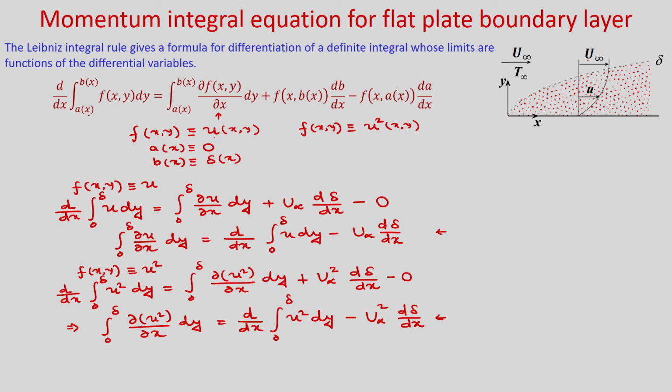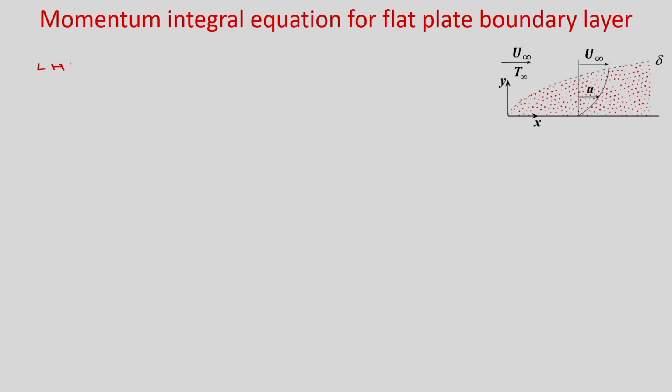So, we can write finally, the left hand side we had ∫₀^δ ∂u²/∂x dy − u∞ ∫₀^δ ∂u/∂x dy, right. So, now using this Leibniz rule, whatever you have got, you just write it.